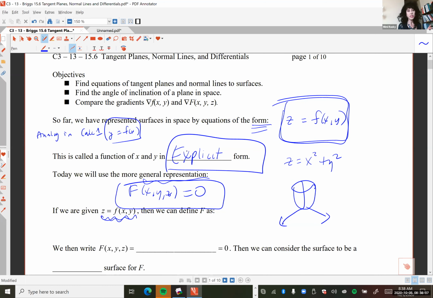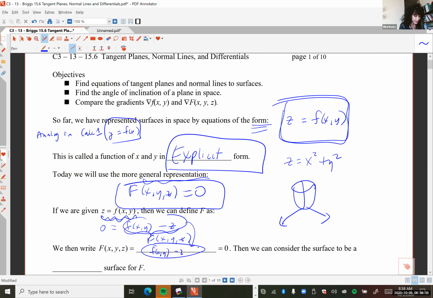Well, what I do is subtract little z from both sides, although it doesn't matter which side you move everything to, just so long as you get zero on one side and all the rest of the junk on the other. And then this stuff, which now has x's, y's, and a z in it, this is what you call F of x, y, z. So this right here goes in the blank: little f of x, y, minus z.